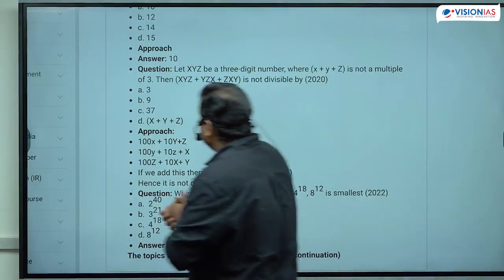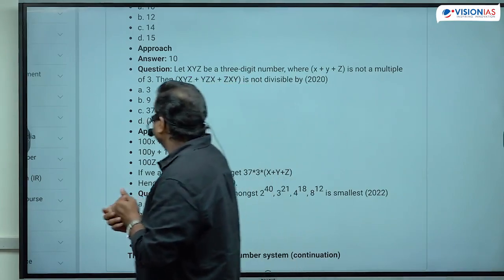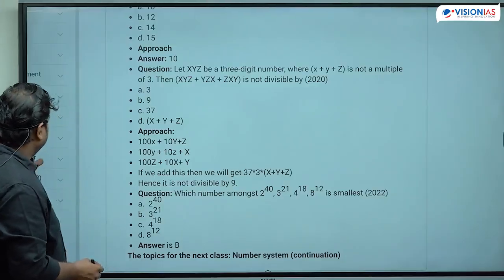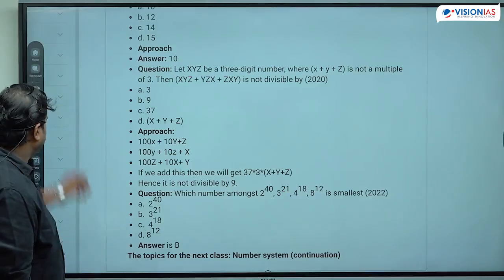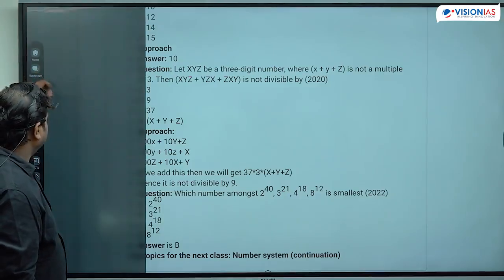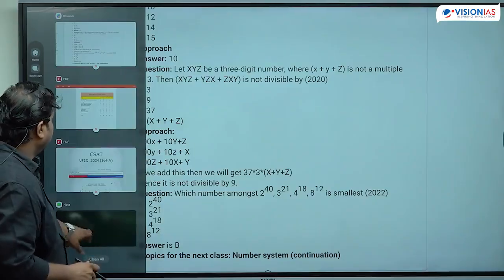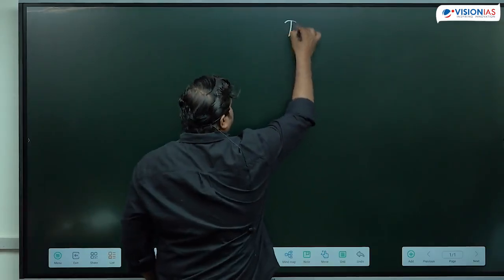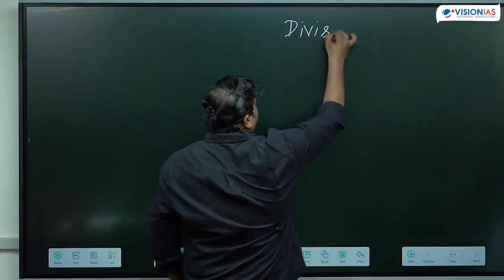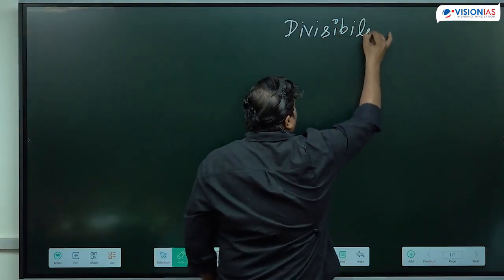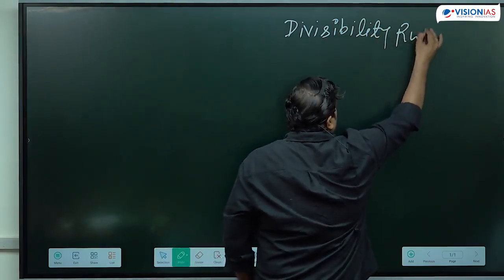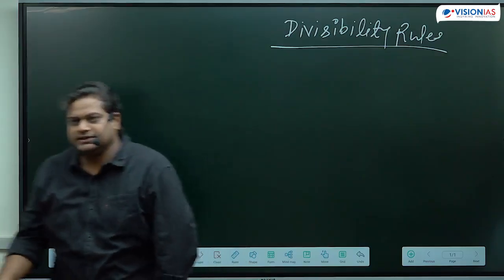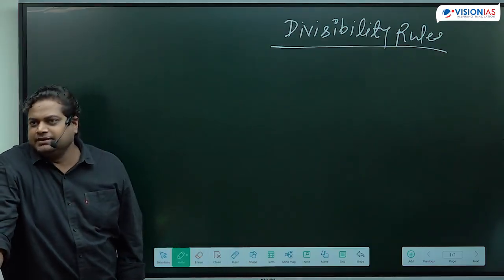So last class में we started divisibility rule. Before that, what we discussed? 2-digit, 3-digit numbers.